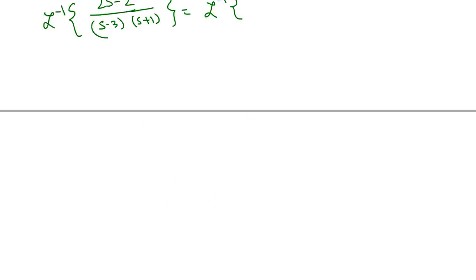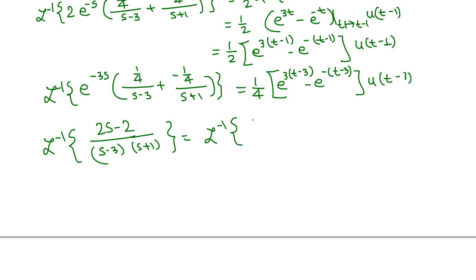So this will be 1 over s minus 3 plus 1 over s plus 1, and we know the inverse Laplace is e to the 3t plus e to the negative t. We don't have to transform this because we don't have e to the negative s like in the previous cases.